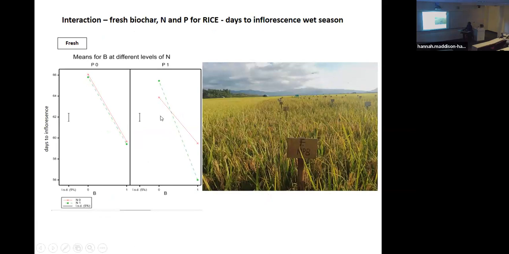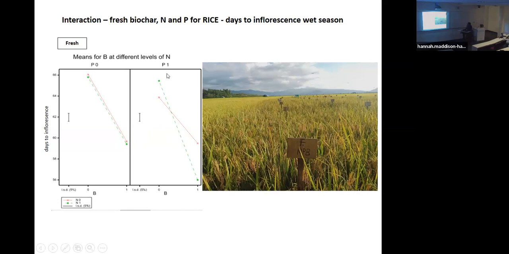Interestingly, in this study we also found that if farmers only rely on their traditional practice without adding any inputs, the rice takes longer to flower, 66 days, compared to using nitrogen combined with biochars, or phosphorus alone, or phosphorus in combination with biochars.